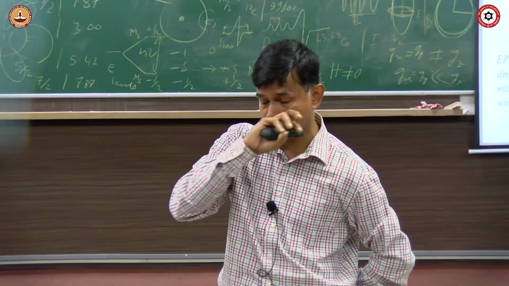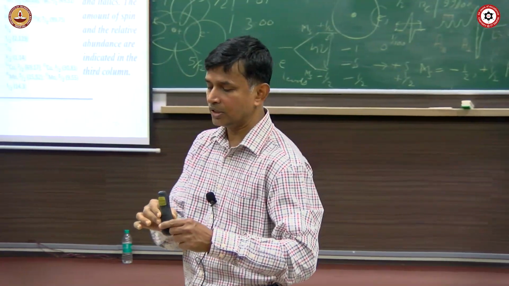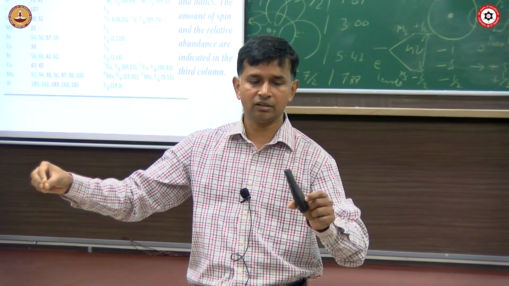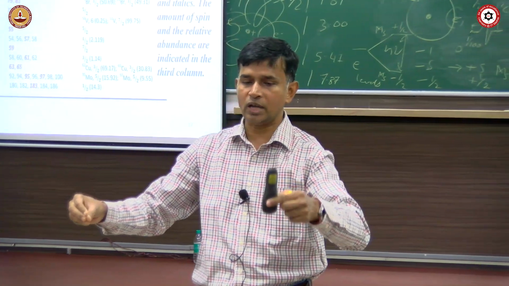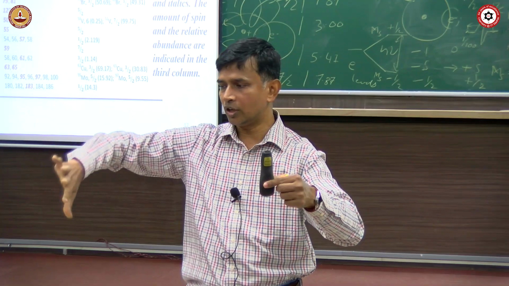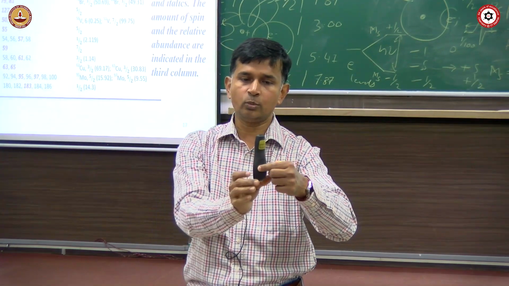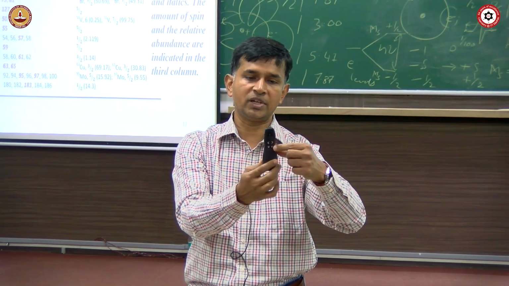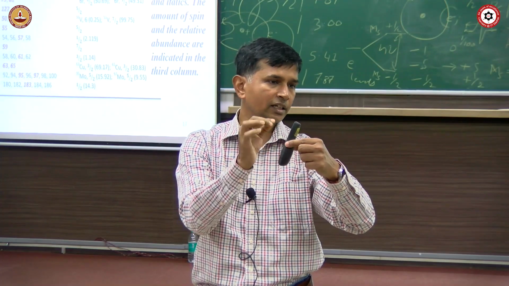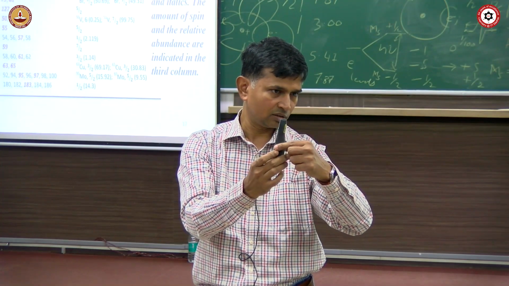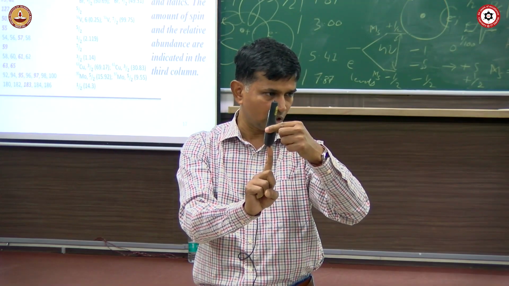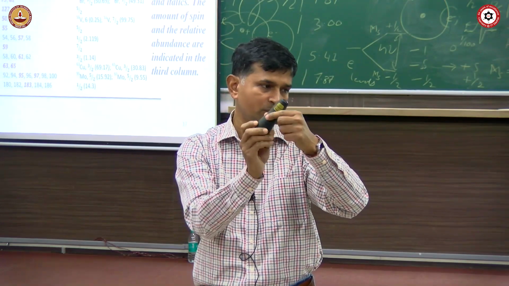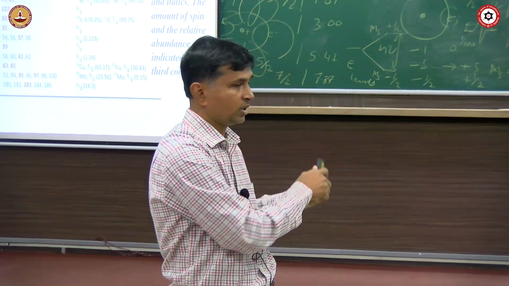So now what is the gyromagnetic ratio? If this is the nucleus, it is spinning and also rotating, it is like the earth, right? Now when you apply a magnetic field, you forget about the nucleus. The moment you apply a magnetic field, how fast it spins, this is the gyromagnetic ratio, gamma. The vector is with respect to the axis, how fast it is spinning, that is the measurement of the g value.